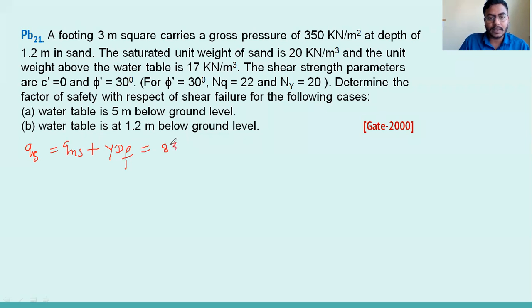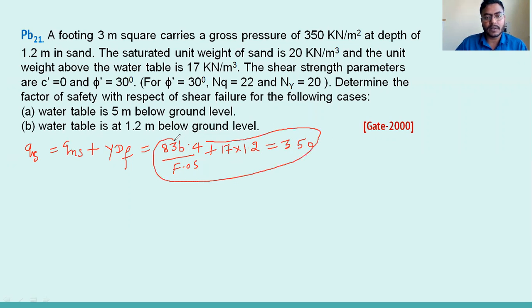QNS we have 836.4 divided by factor of safety plus gamma DF, that is 17 into 1.2, equal to, and gross pressure is given 350. So using this relation, you will see there is one unknown, factor of safety. So you will get factor of safety 2.54. Are you getting my point? 2.54.